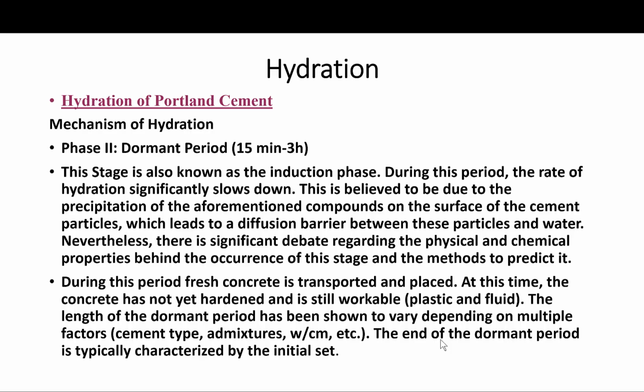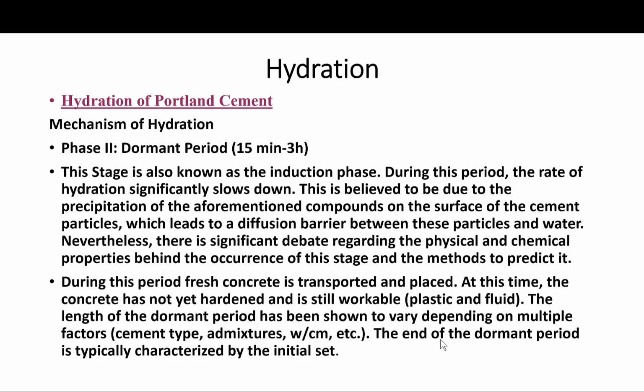What is the significance of this stage? During this period, fresh concrete is transported and placed. At this time, the concrete has not yet hardened and is still workable, in a plastic and fluid stage. The length of the dormant period has been shown to vary depending on multiple factors, such as cement type.